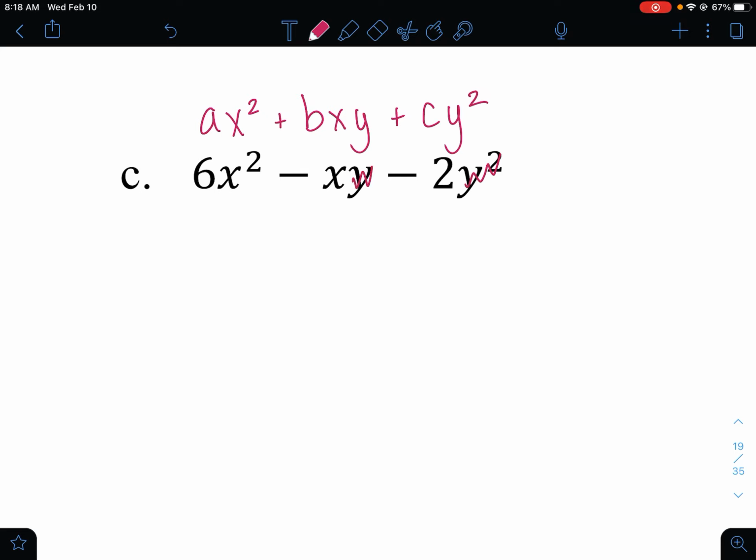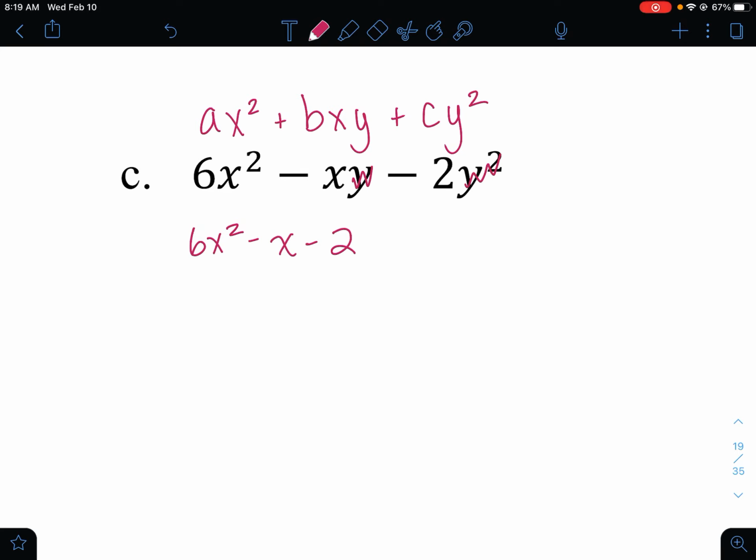And then we're going to solve like normal, or factor like normal. So let's rewrite this. I'm going to do 6x squared minus x minus 2, and then factor like normal.